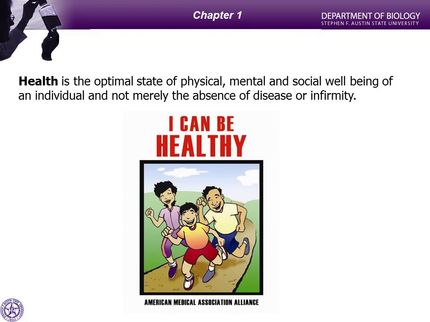Now, what is the best way for you to lead someone to better health? Or what's the best way to lead someone, period? Tell them what to do? Do what? I heard it. By example. The best leaders are the ones that say, follow me.